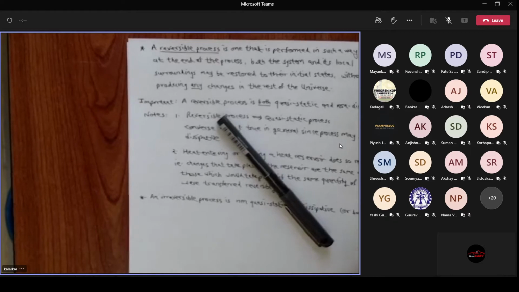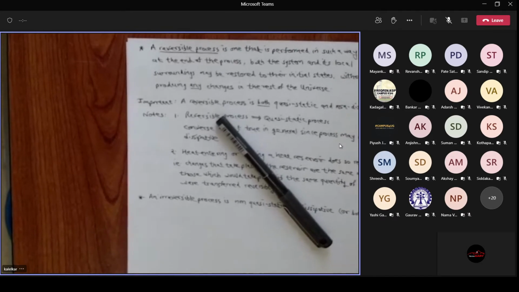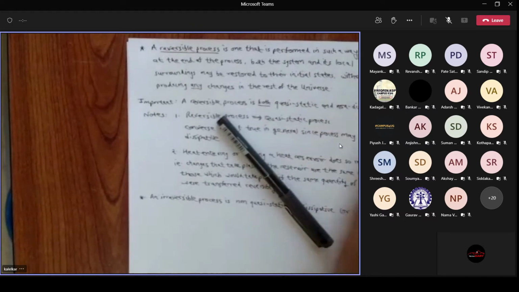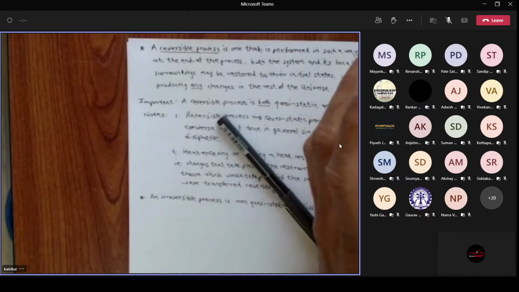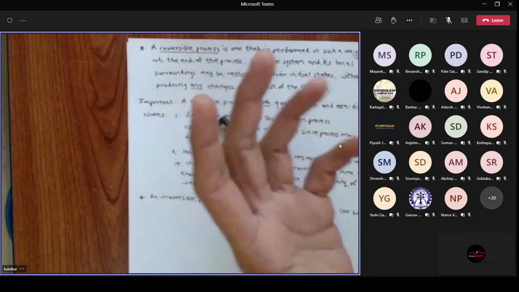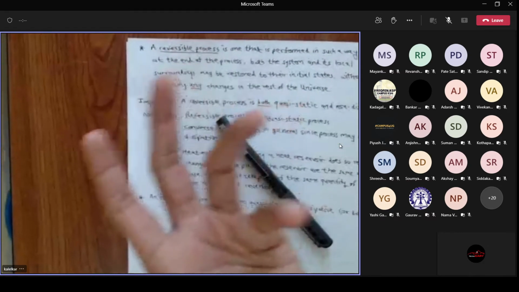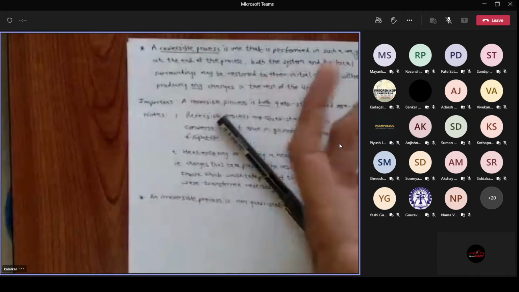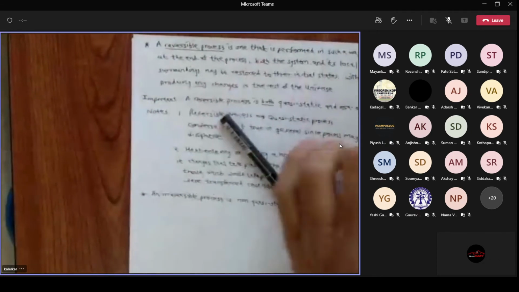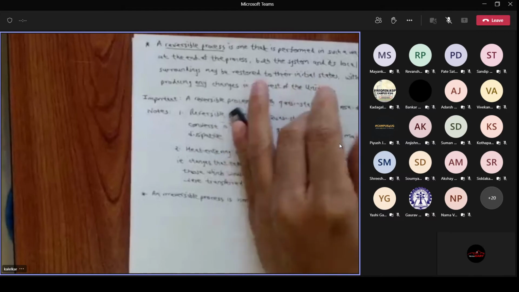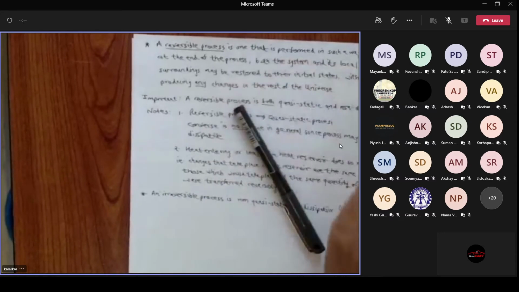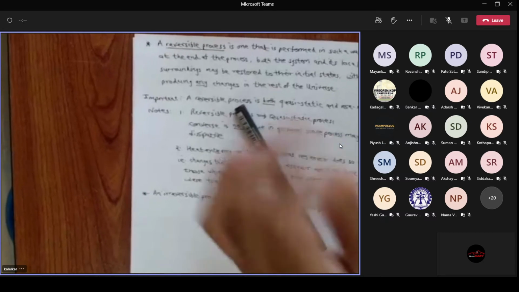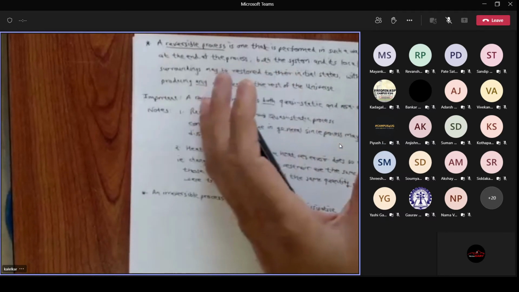Now you will tell me that if I am rejecting 4 joules of heat, that's a large amount of heat, and why should the process be reversible? I don't think it's reversible. I might be doing anything, but the point is, as far as the reservoir is concerned, there is no change, or I should not use the word no change, but negligible change in the coordinates of the reservoir.